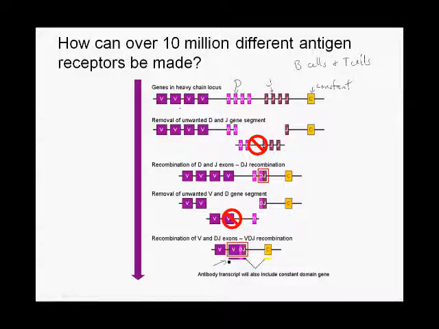And so the rearranged immunoglobulin gene then consists of a single V, D, and J selected at random from dozens of possibilities. And then this rearranged gene is the one that's transcribed and is eventually translated to make immunoglobulin, or the antibody protein.